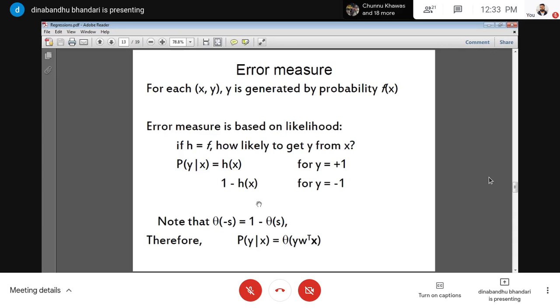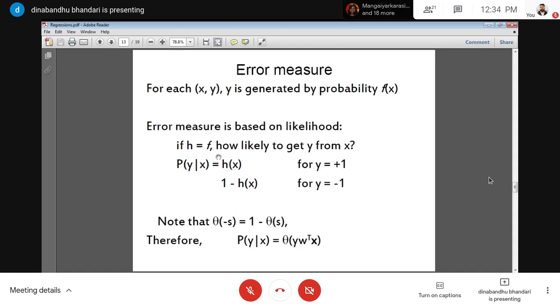Because theta of minus s: you replace s by minus s in e to the power s by 1 plus e to the power s, and you get e to the power minus s by 1 plus e to the power minus s, that is nothing but 1 minus theta of s. You just do that experiment, you can see this.